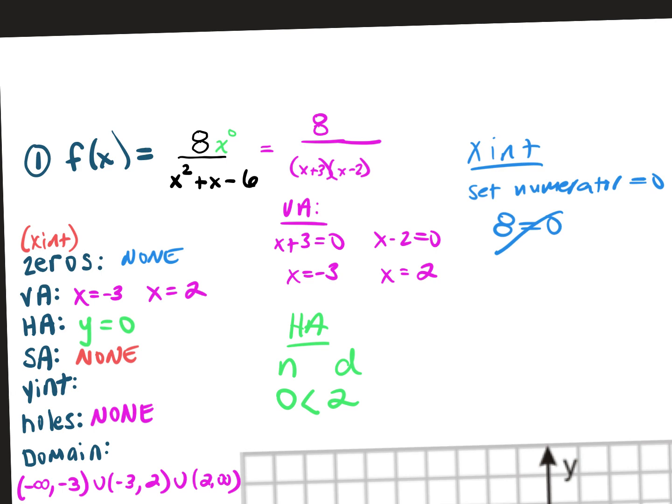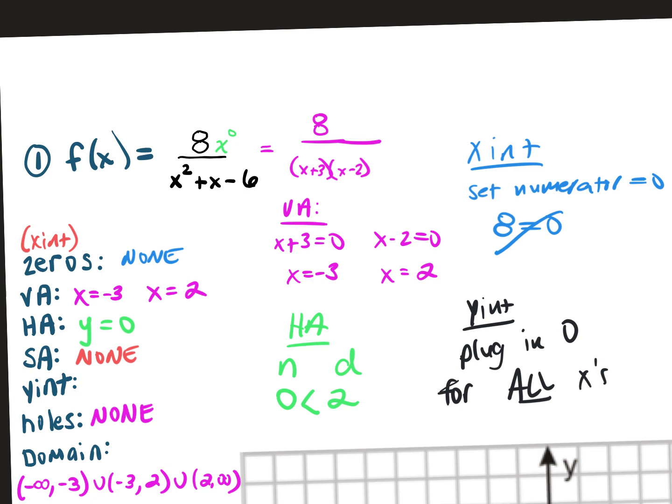Good. Now your y-intercept, how do we find y? No. How do we find the y-intercept? You're going to plug in 0 for all x's. To find your x-intercept, it's the numerator.